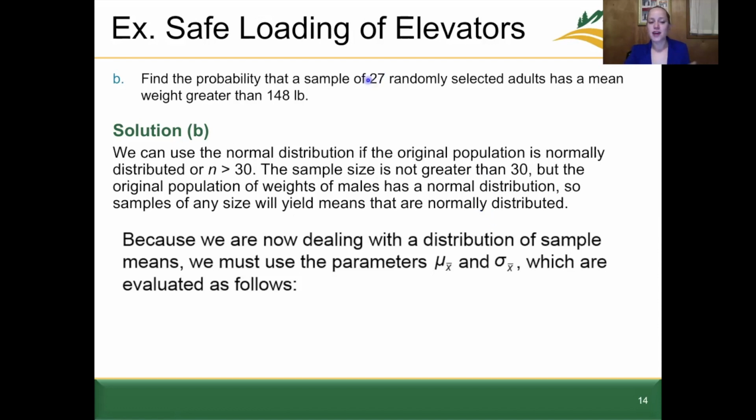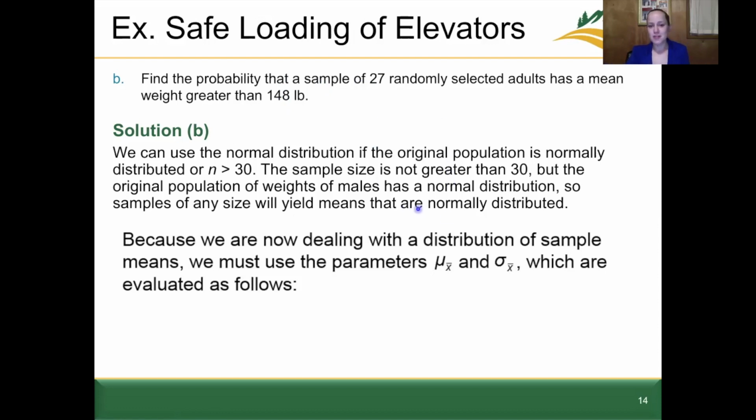And we are really being asked to find the probability that that sample of 27 randomly selected adults has a weight greater than 148 pounds. So we're no longer dealing with just one individual adult. We're trying to consider all 27 randomly selected adults and figure out what mean that corresponds to.